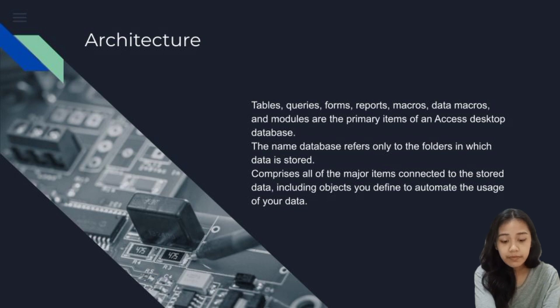A desktop database or .accdb in Access, on the other hand, comprises all of the major items connected to the stored data, including objects you define to automate the usage of your data.